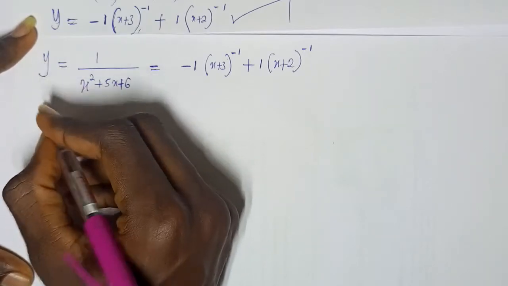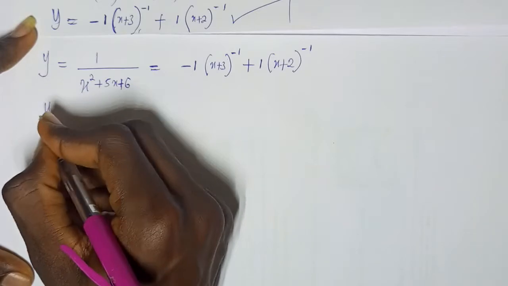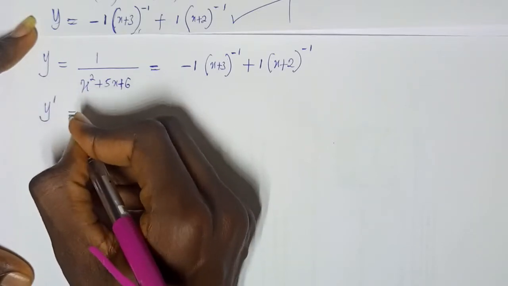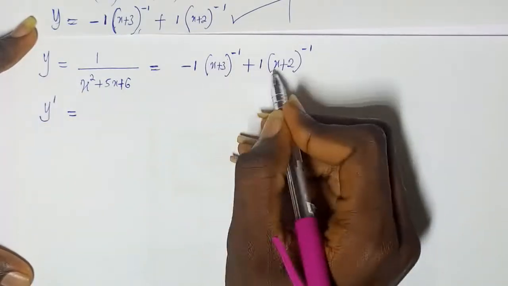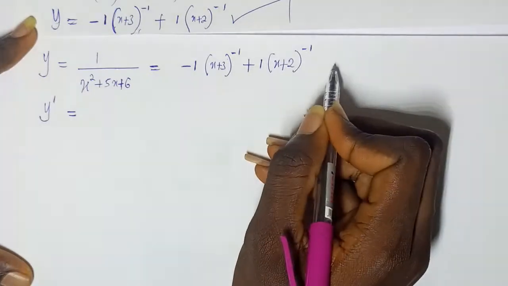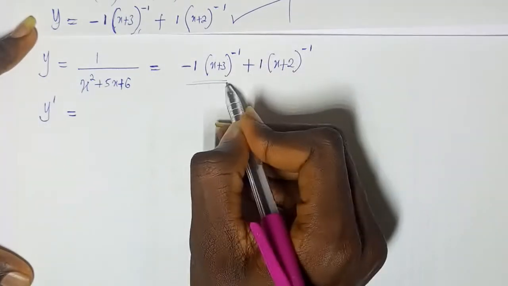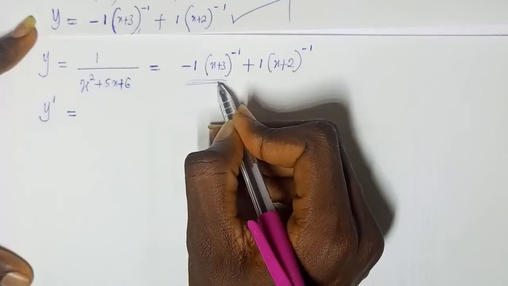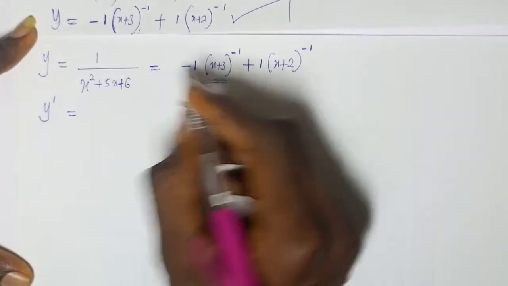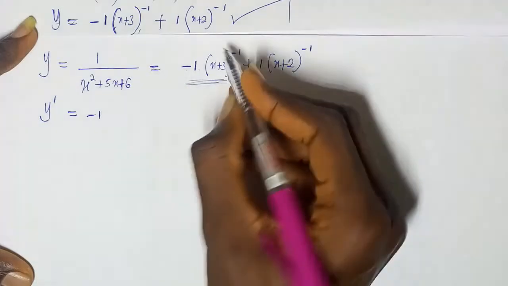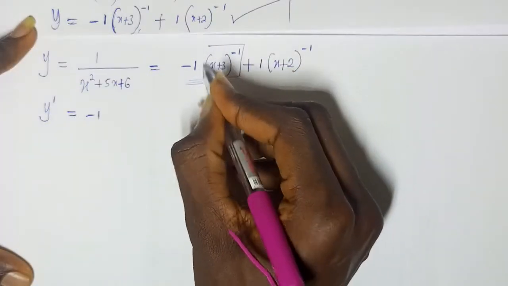For y. So the first derivative for y is y prime equals, so I can differentiate this separately. And for you to differentiate this is very direct. For this term, I already have a negative 1 here, so I'm only considering the derivative for this one.